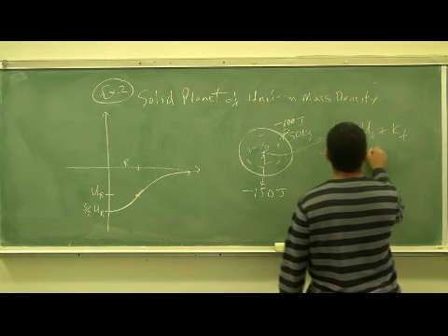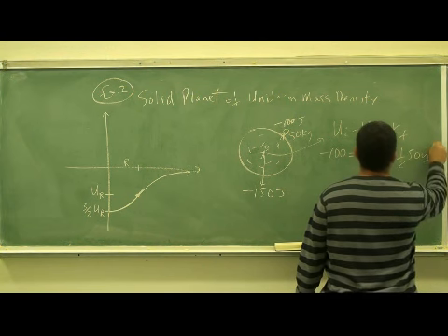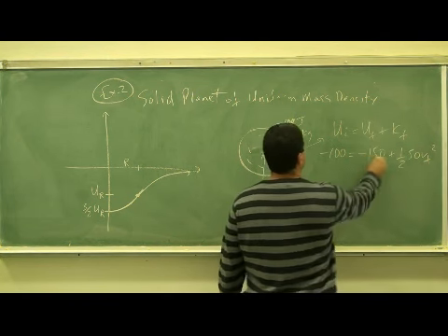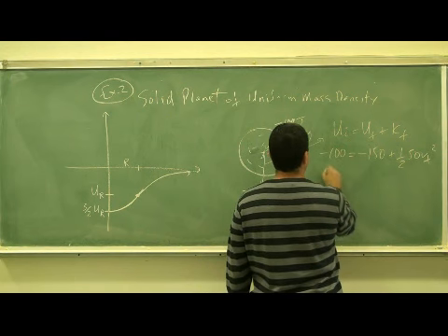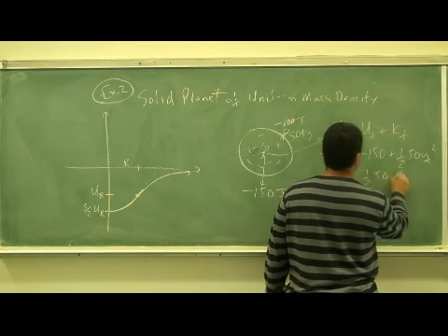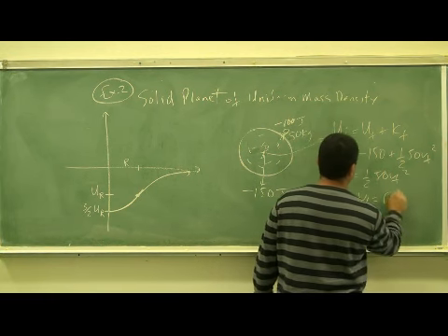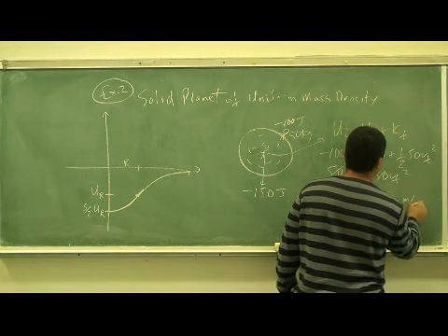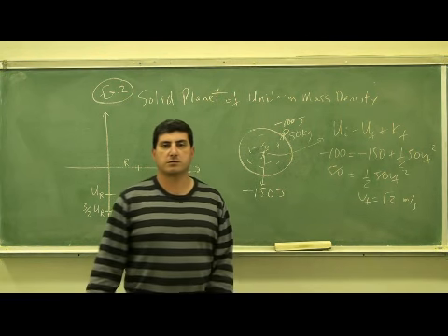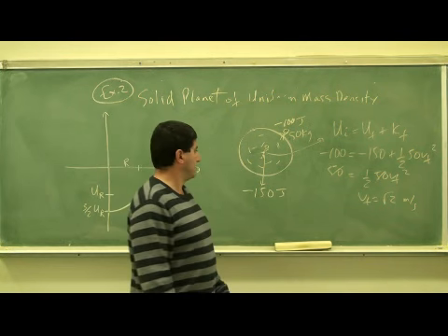U final is equal to negative 150 plus half times 50 times v final squared. So 150 goes here, so you're left with 50. And then the 50s cancel, so v final is square root of 2 meters per second. So something like 1.4 meters per second.